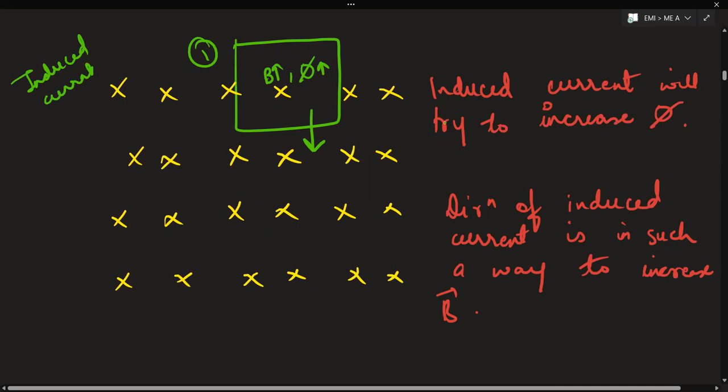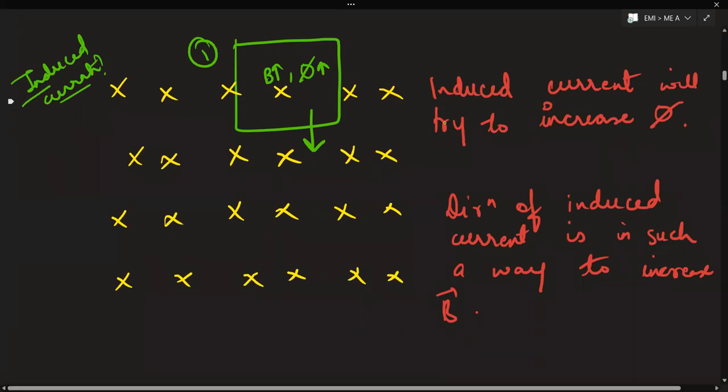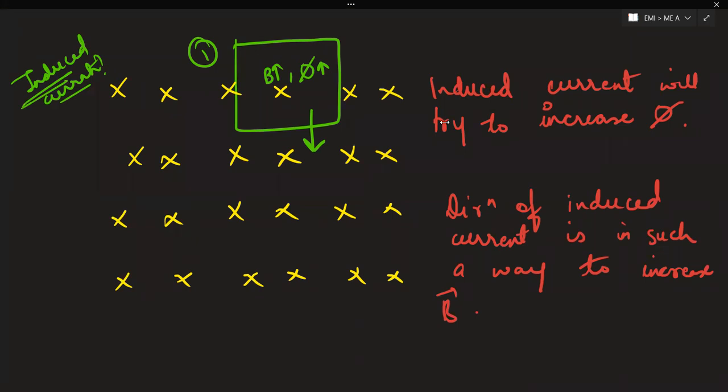Now the direction of induced current will be in such a manner that it has to oppose the cause. It means if flux was increasing, the induced current has to set its direction such that the flux decreases. So how can the flux decrease? To decrease the flux, we have to decrease the magnetic field.